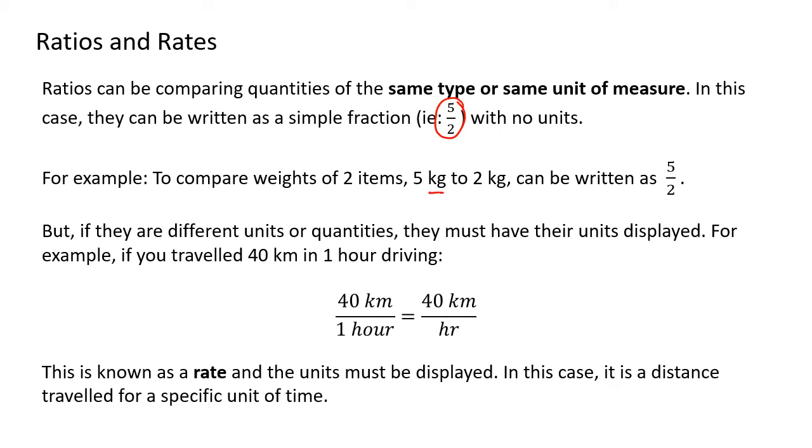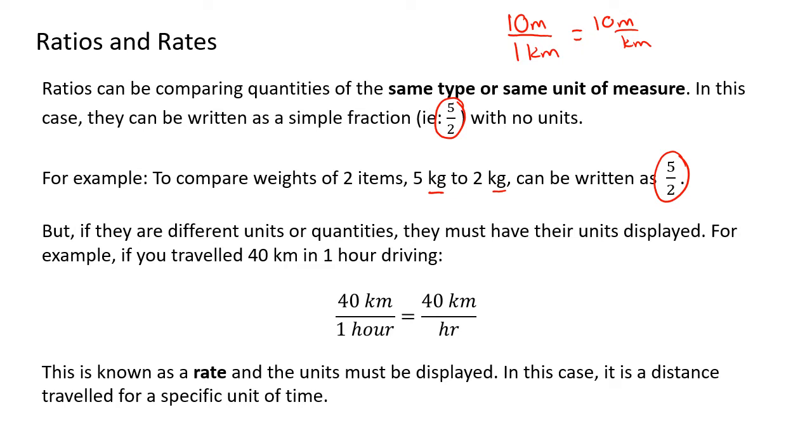If it's weights, you might have 5 kilograms to 2 kilograms, and that can be written as 5 divided by 2. If you have distances, let's say you have a slope of something and it slopes 10 meters for every 1 kilometer, you have to leave it as 10 meters per kilometer.